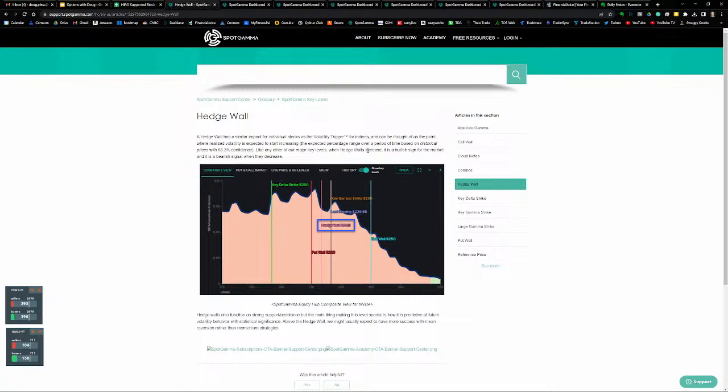And when the hedge wall rises, that's a bullish sign, and it's a bearish signal if the level decreases. So you can take a look at this, free resources on spotgamma.com for more information.